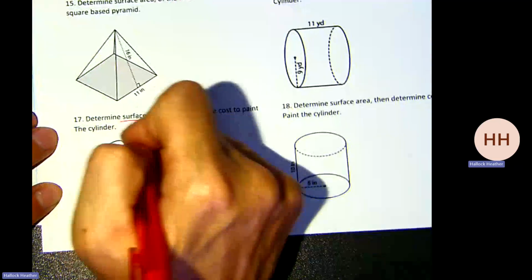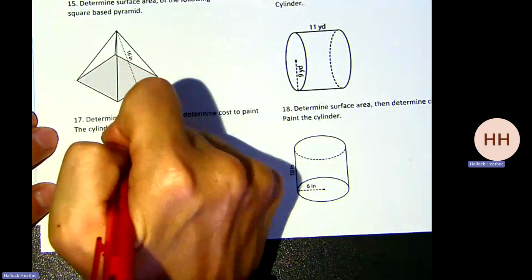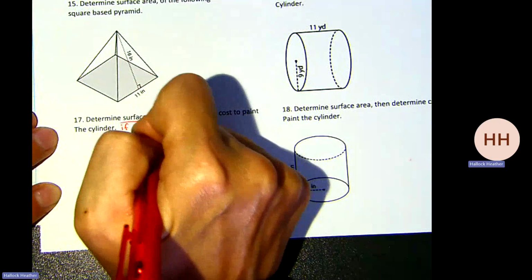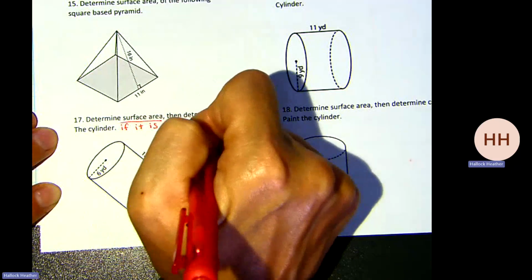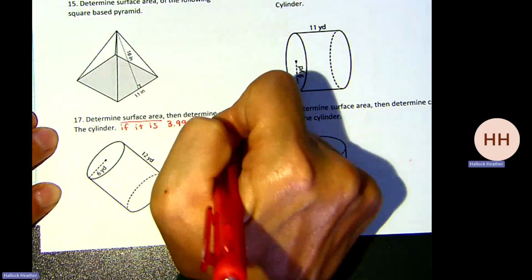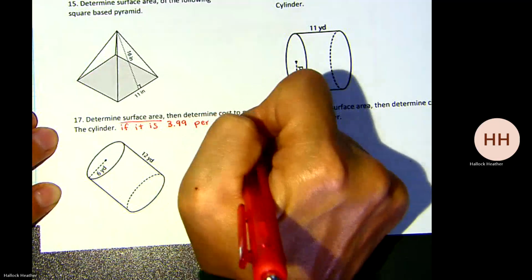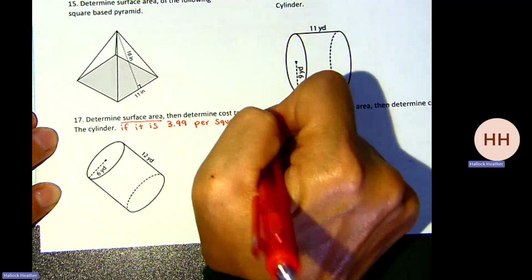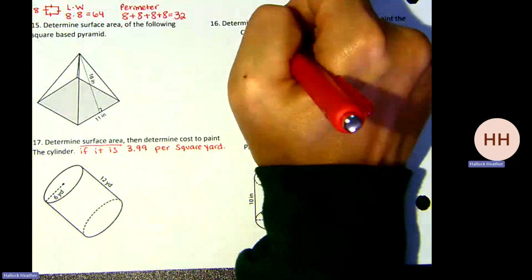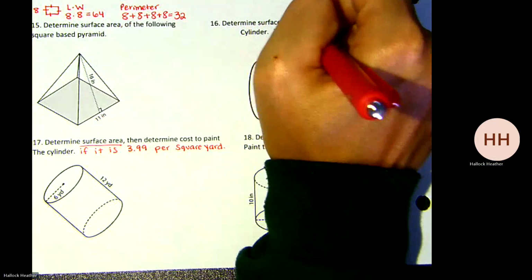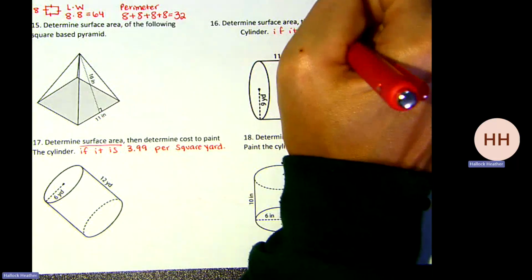Determine the cost to paint the cylinder, and I'll say it is $3.99 per square yard. I'll use that same price for all of these.